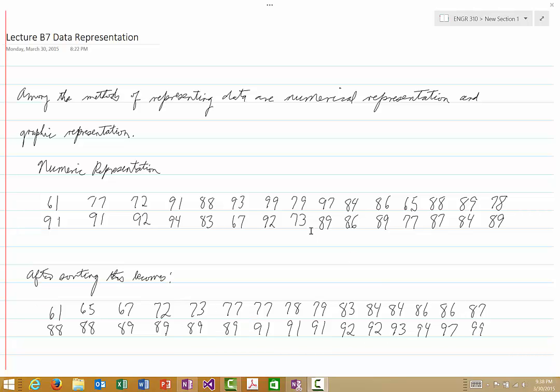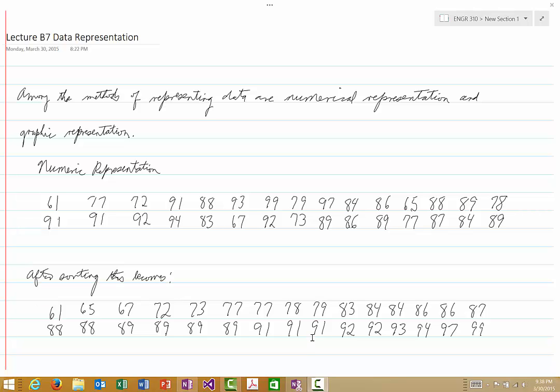Notice that values such as 77, which were repeated, are written down exactly the number of times that they were repeated. So 77 was measured twice, right here, the second measurement, and here, I guess this is the 27th measurement. Since 77 was measured twice, we list it twice. Likewise, 91 is listed 3 times, and so on.